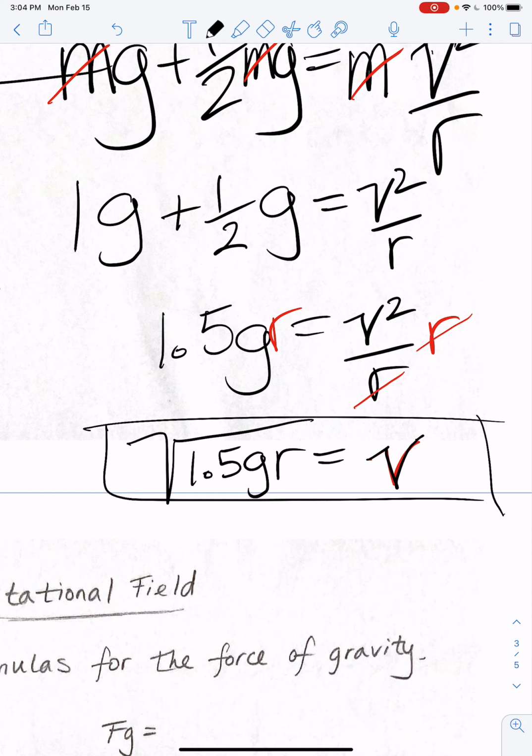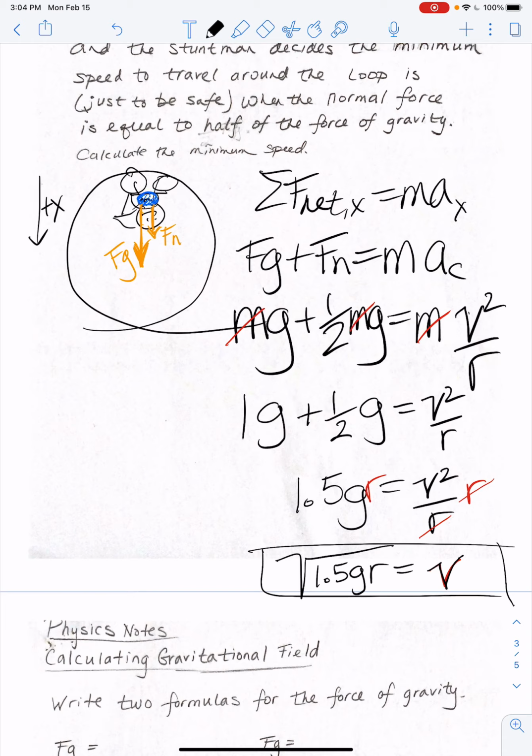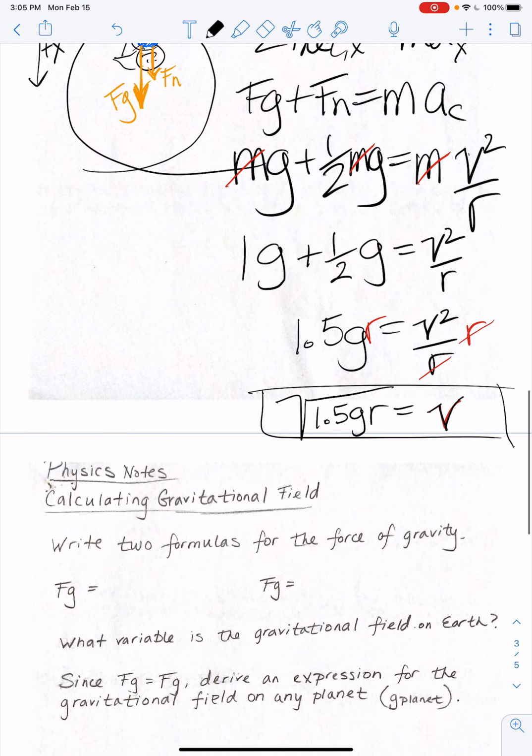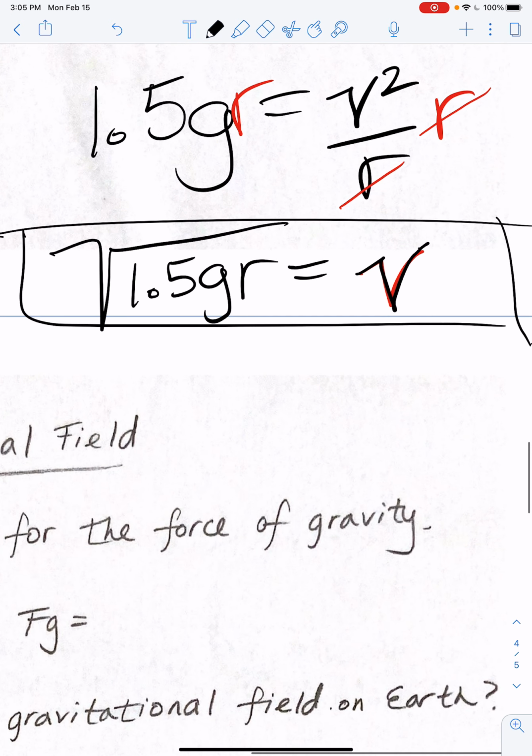So what is the actual answer, though? Maybe with numbers. The radius of the loop is 3 meters. Mass of the person is 100 kilograms, but that doesn't matter because the speed is independent of mass. So anyways, now we have that 29.43 again times 1.5.